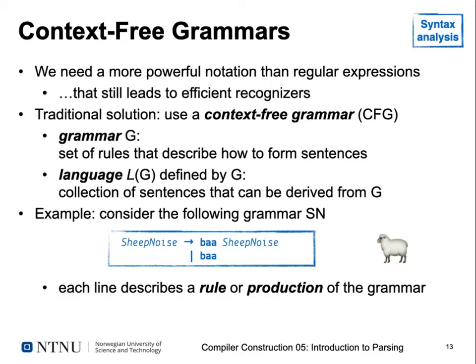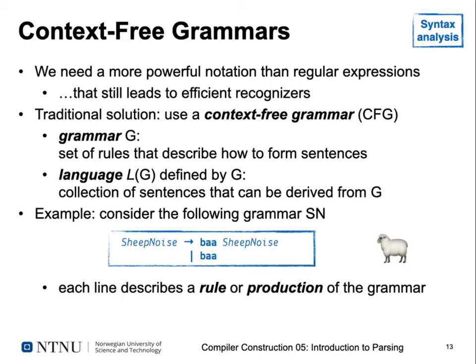The first one is just a grammar, as we've seen before, the set of rules that describe how to form sentences, and then all the sentences, all of them, that can be derived from G. These are called the language L of G, defined by G. So all the sentences we can derive from this grammar we've given.